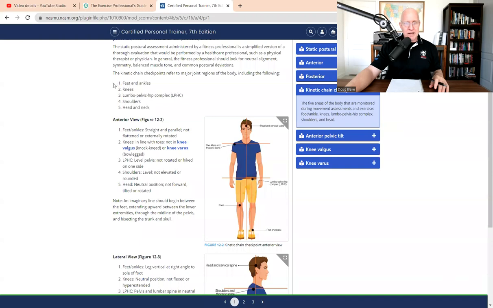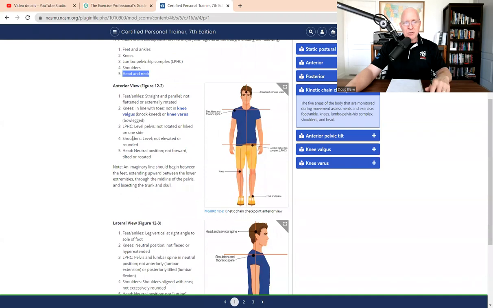This is why it's so interesting when we do static assessments, or when you're learning about this, that you keep in mind all of these are interrelated, and anything that occurs at the feet and ankles is going to affect the head and the neck. We know this intuitively, but are you able to see it? Are you able to understand why, when one joint is in a certain position, it causes a compensatory pattern in other joints up the kinetic chain?